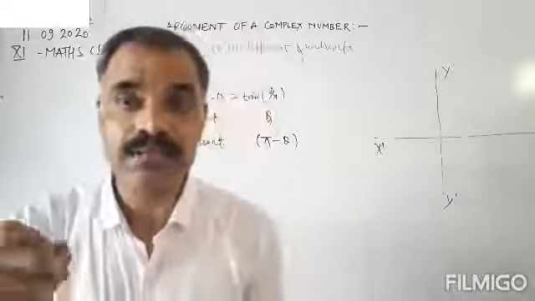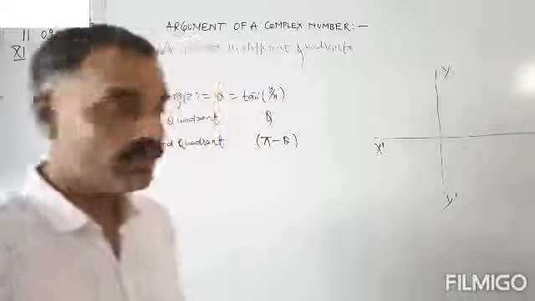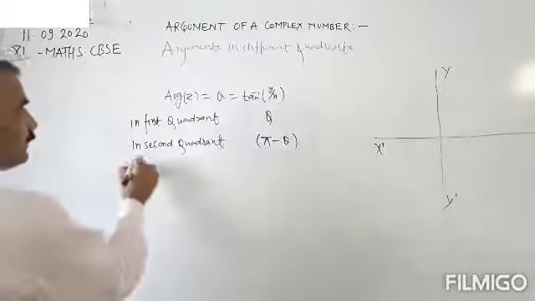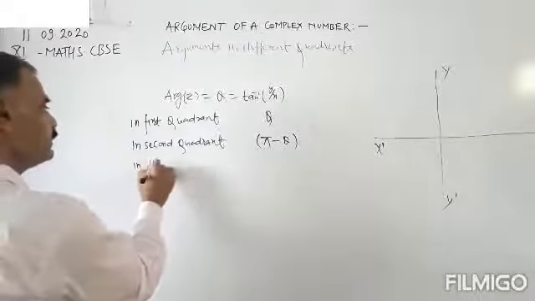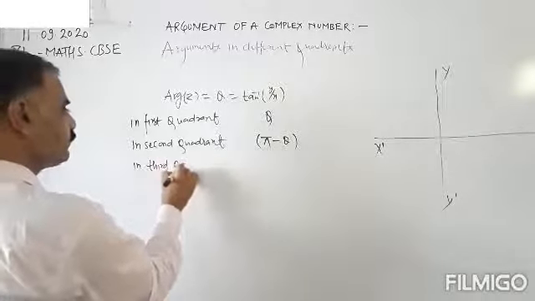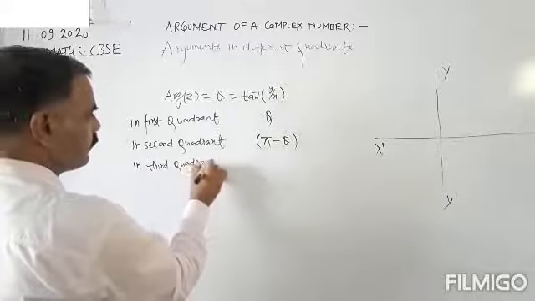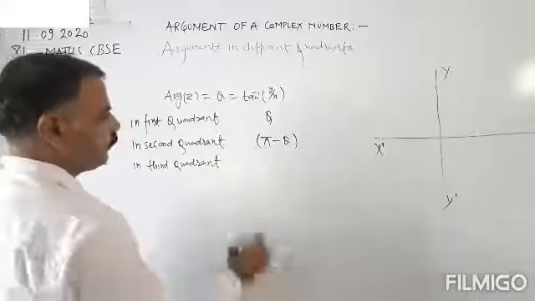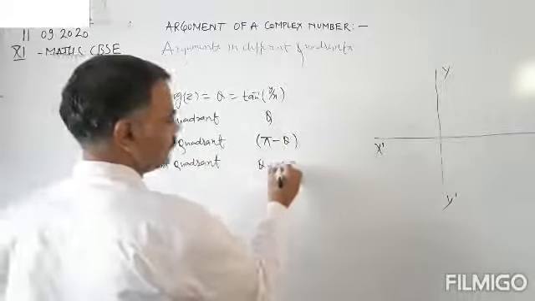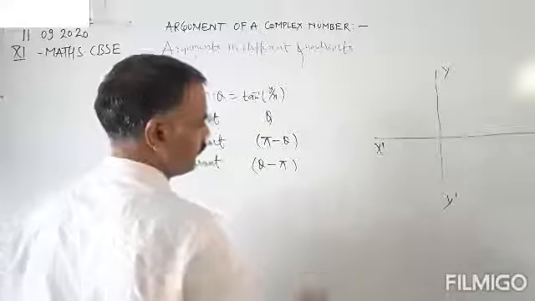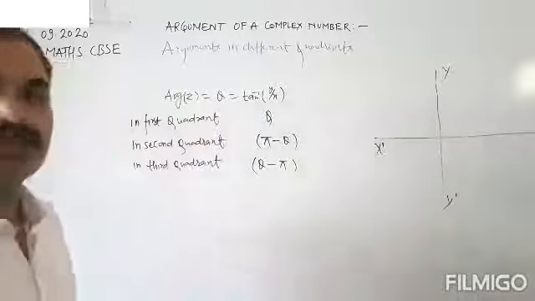In the third quadrant the argument is theta minus pi.